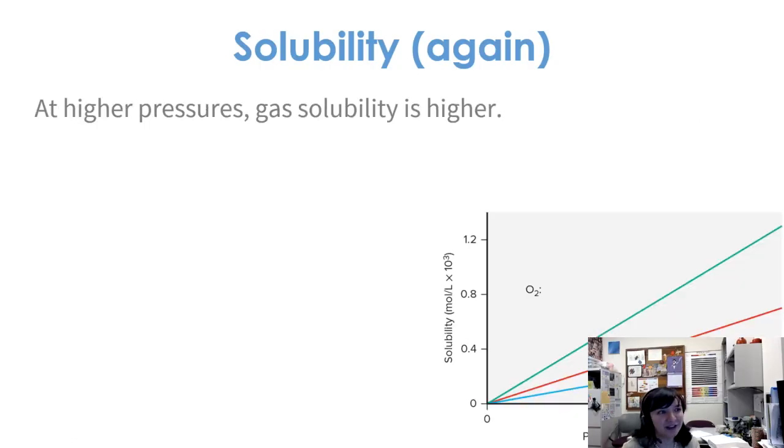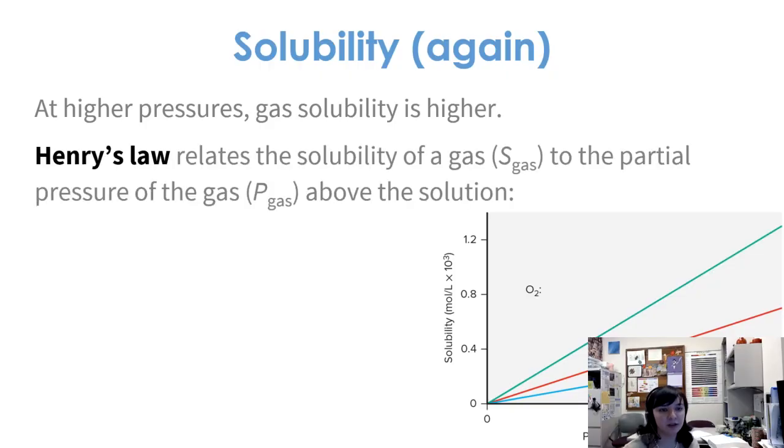Beyond that, though, there is a mathematical correlation between pressure and solubility, and that's represented in Henry's law, which says that the solubility of a gas, which we'll just call capital S, is directly proportional to the partial pressure of the gas, so P for pressure, and that can be summarized in this equation here, Henry's law.